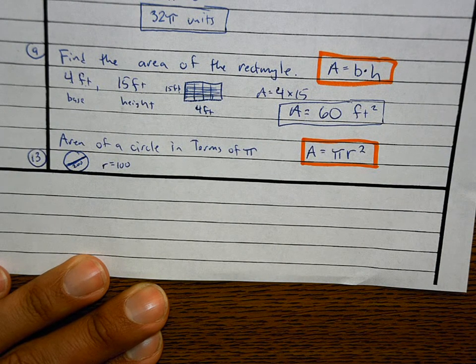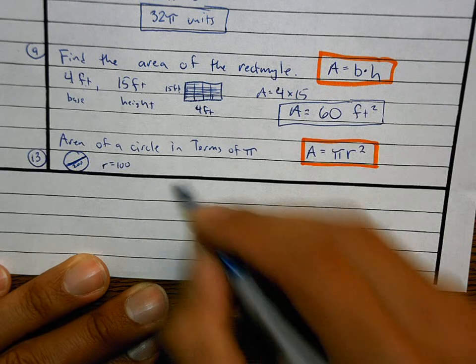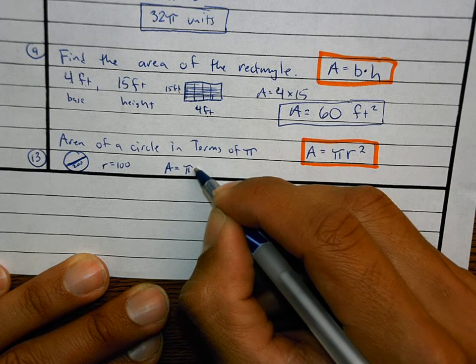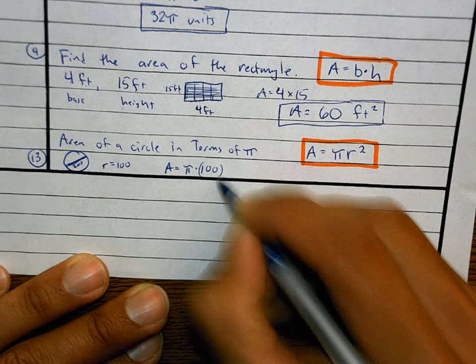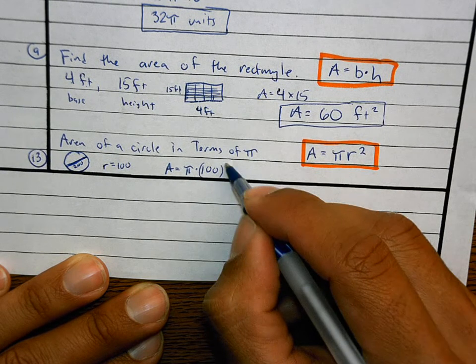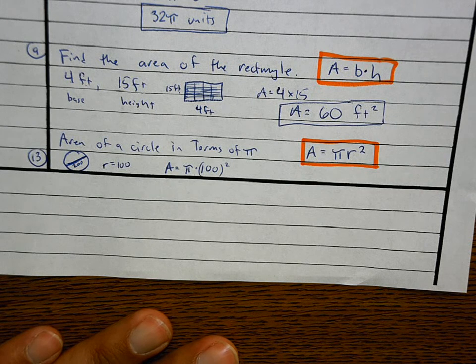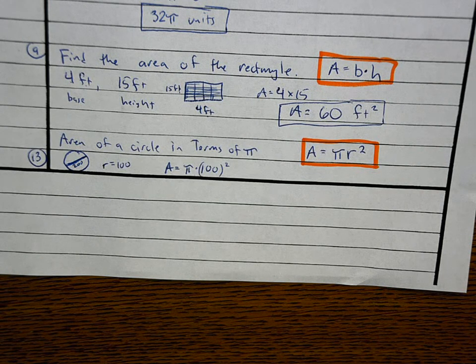And then what we have to do is find the area. Now I'm going to plug it into this formula. Pi times 100 is the radius squared. And I get to leave my answer in terms of pi. If you don't know what 100 squared is, there's a square button on your calculators.